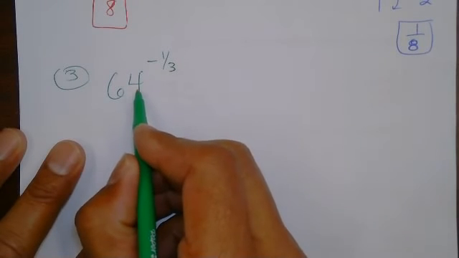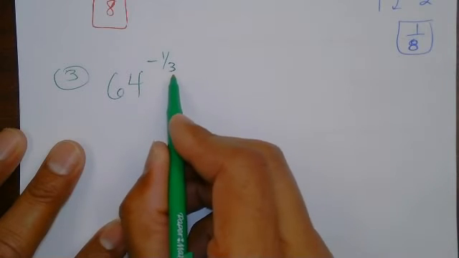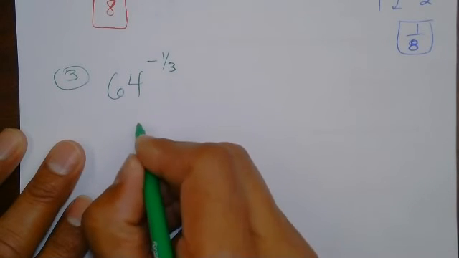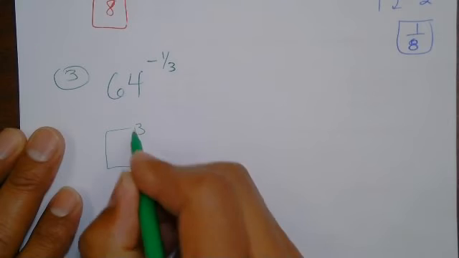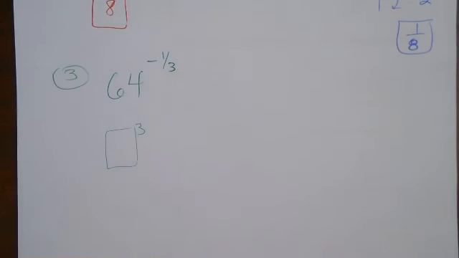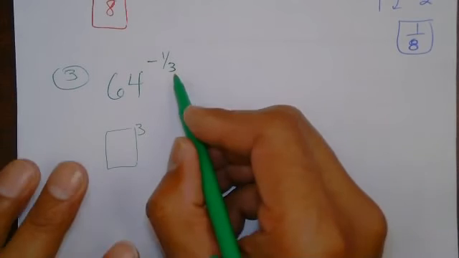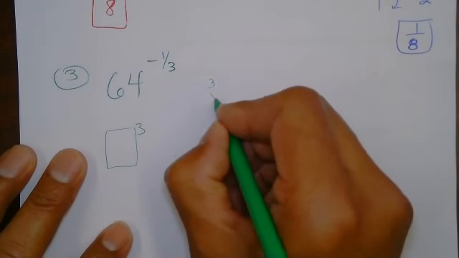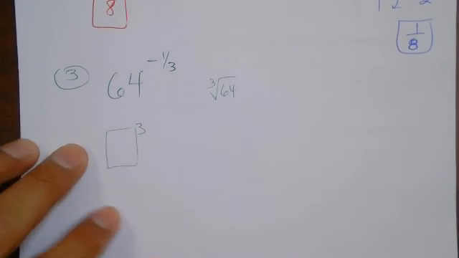So remember, I know 8 squared is 64, but I'm not trying to find something squared. I'm trying to find something cubed. What to the power of 3 gives you 64? Does anybody remember what I told you on Friday you need to do if you don't know what it is? You got to go to your calculator, right? And if it's the 3, you got to do what? The cubed root of 64.